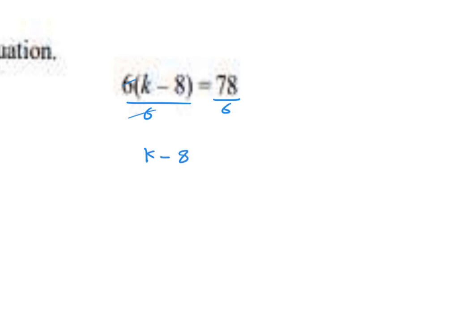So k minus 8, 78 divided by 6 equals 13. Now negative 8 transfers to the other side as positive, so 13 plus 8, so k equals 21. Okay? Done?